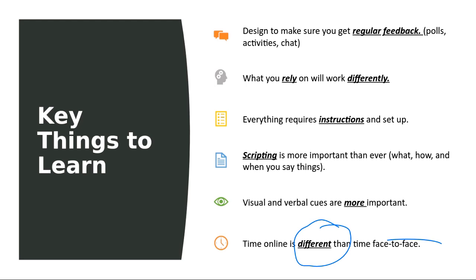You're going to have a lot of things that you need to outline so that as students are doing the activities, you give them instructions on what they need to do.